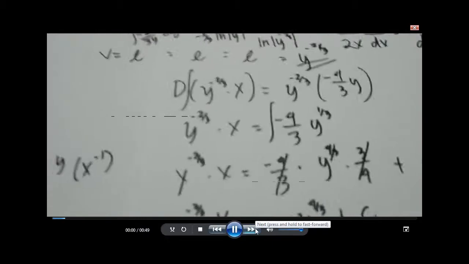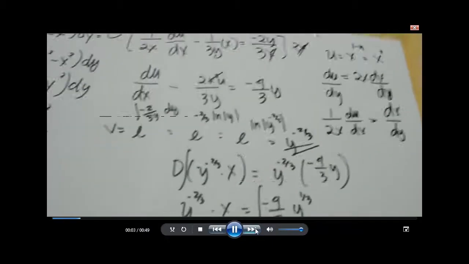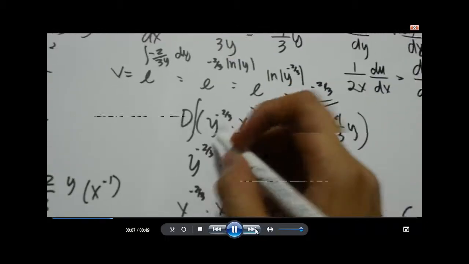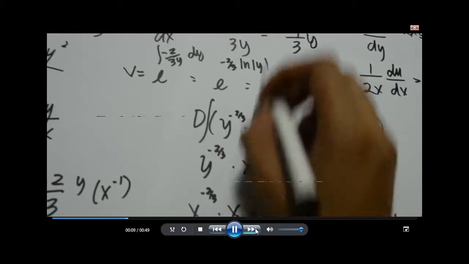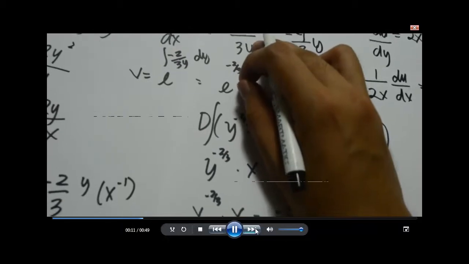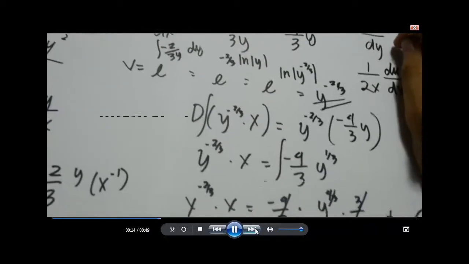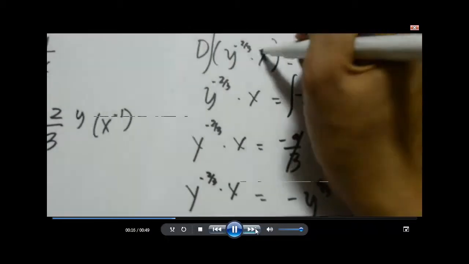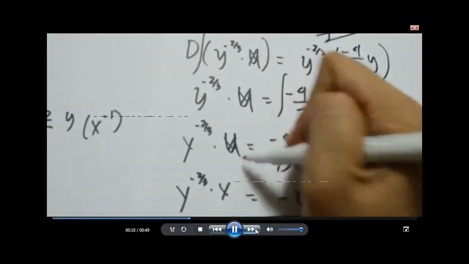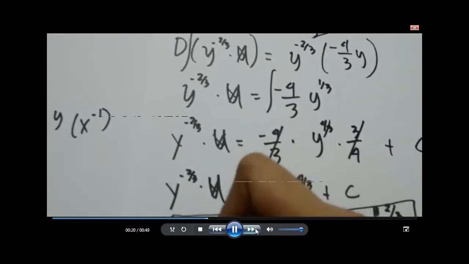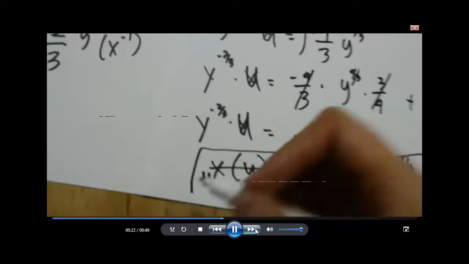Not yet the final answer. Wait, I just found out that there's something wrong with this problem. I'm using u because I let it when I'm using the Bernoulli equation, so this will be u. So this is not yet the final answer.